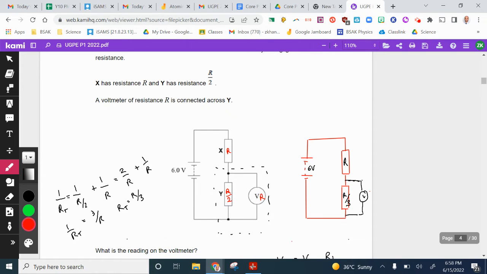One of the most straightforward ways is to look at this and find the resistance in the parallel section, so reduce this to one resistor.